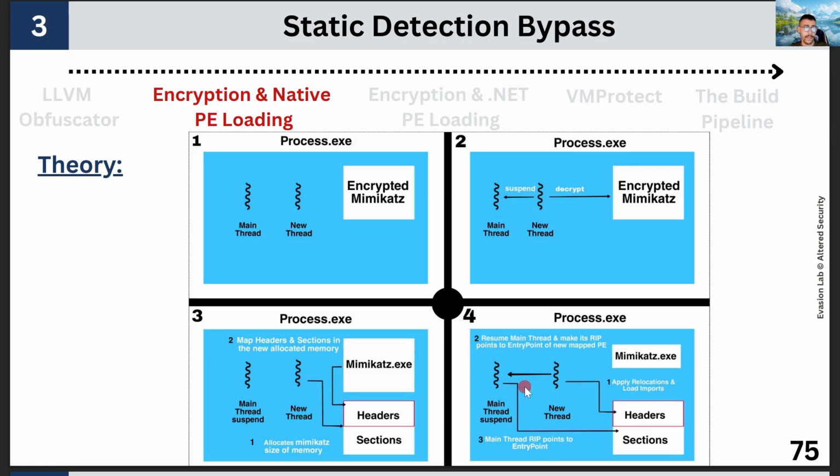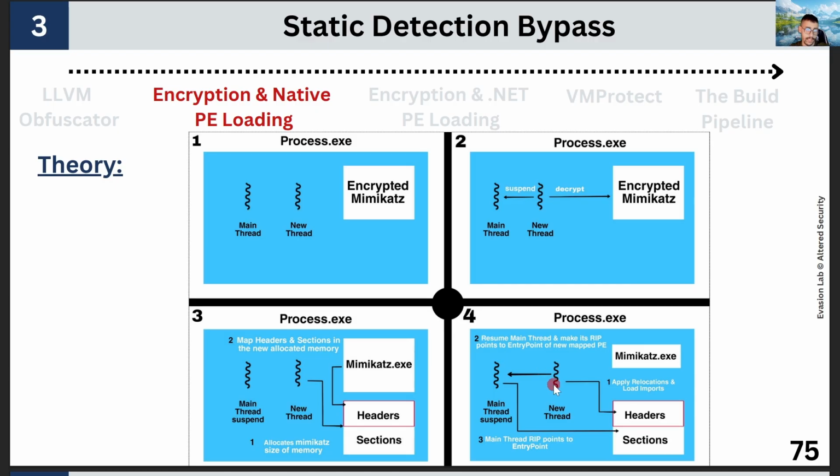At this phase, the new thread will then modify the thread context of the main thread so that execution resumes at the entry point of the mapped PE after locating its entry point.